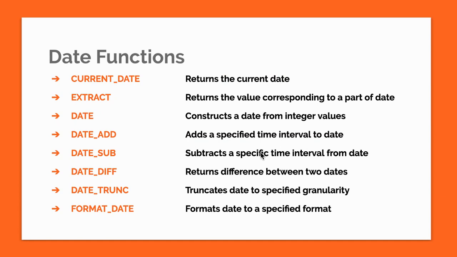These are the different date functions that we are going to learn today. CURRENT_DATE returns the current date. EXTRACT returns the value corresponding to a part of date. DATE constructs a date from integer values. DATE_ADD adds a specified time interval to date.